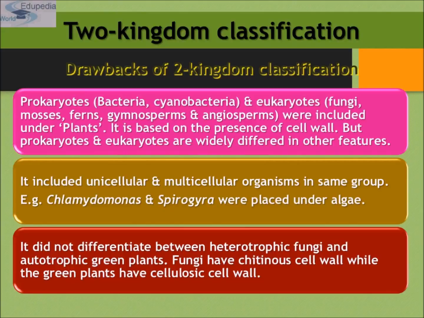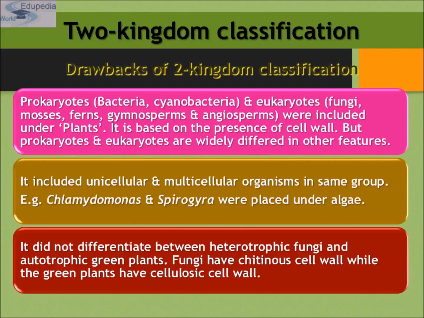Now, if we talk about the second one, then there is no proper distinction between prokaryotes and eukaryotes, like in the case of bacteria without a nuclear envelope and cellular organelles, which are placed in the plant kingdom.